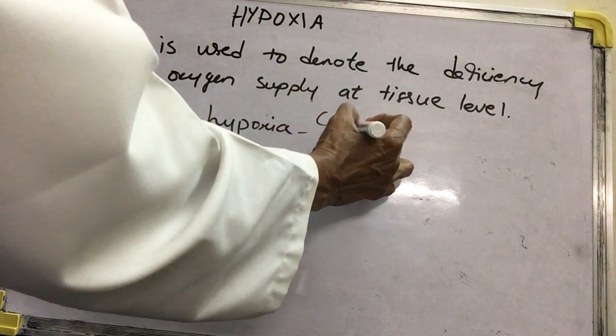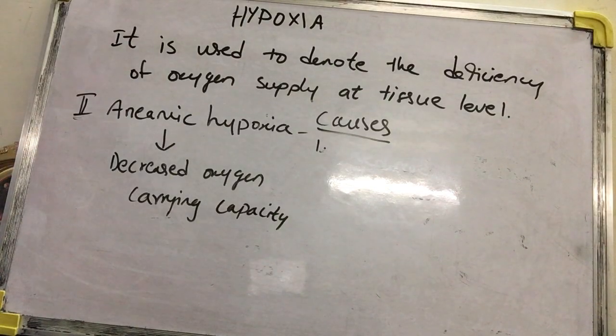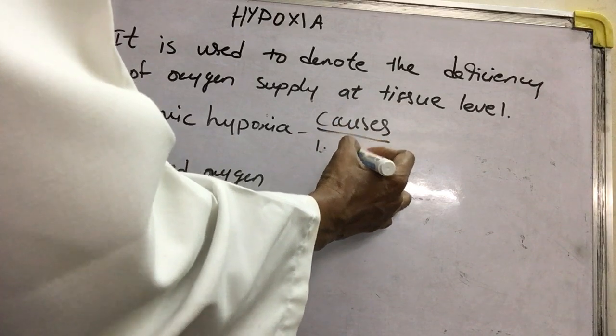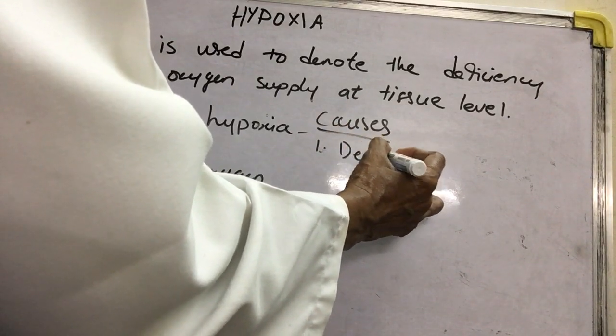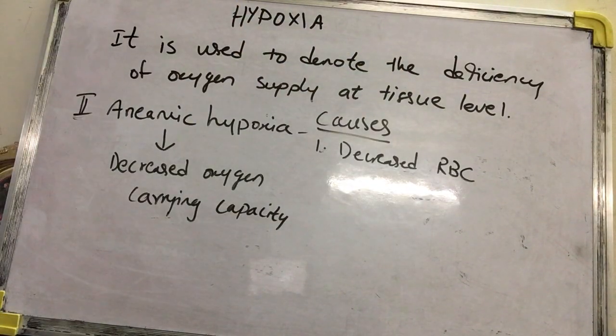And the causes for anemic hypoxia are: one is decreased RBC count, as seen in hemorrhage or in bone marrow depression, where the production of RBC is reduced.